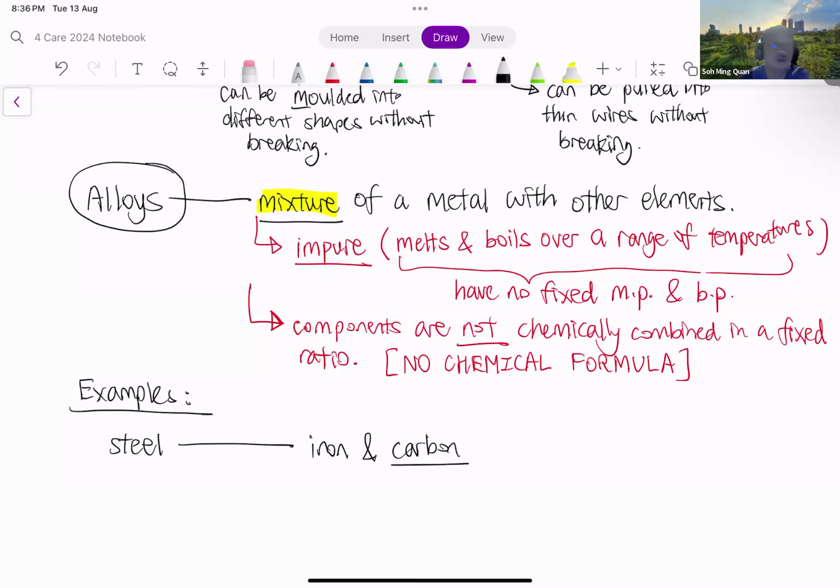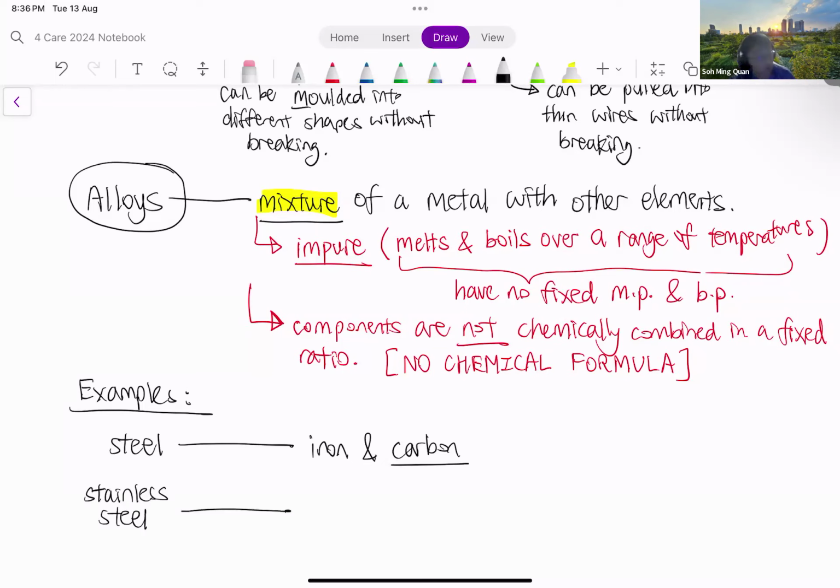The answer is no. Steel is an alloy of iron. It contains the metal iron mixed with carbon. Right? Carbon is a non-metal. Okay? So alloys can have metal and non-metal mixed together. Need not all be metals. Now, related to steel is another alloy called stainless steel.